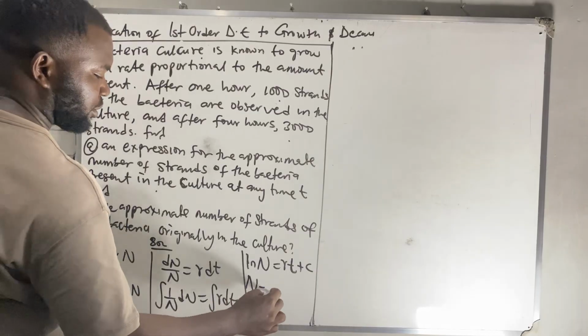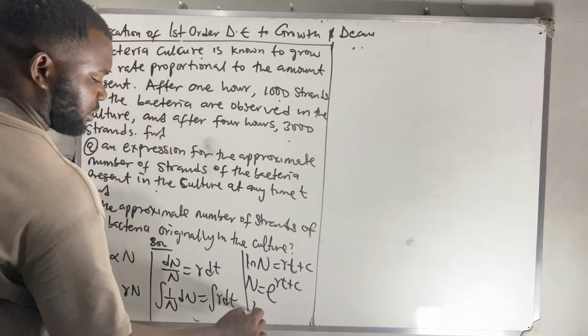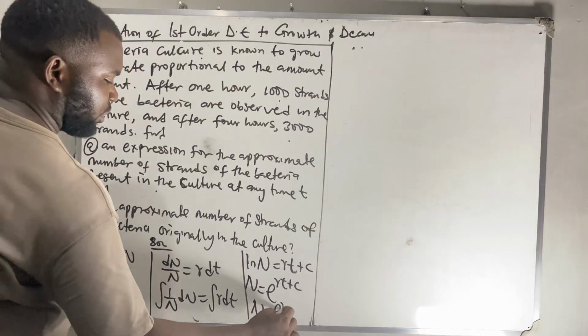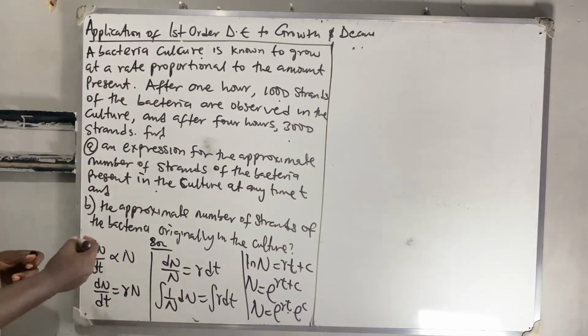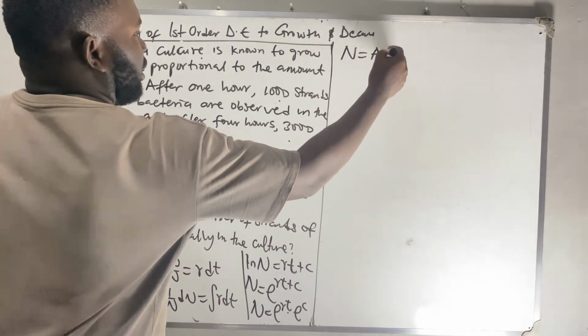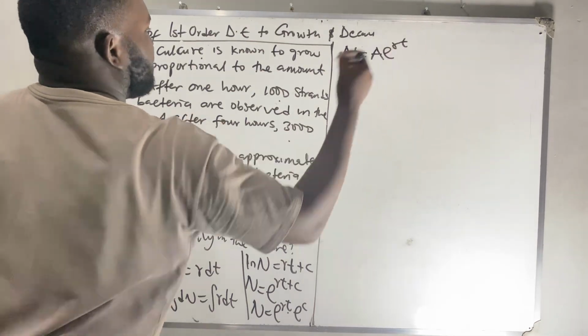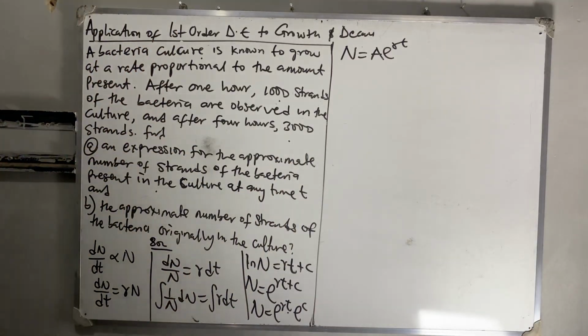So N becomes e to the power rt plus c, which is e to the rt multiplied by e to the c. And the exponential of a constant is a constant. So N is equal to A e to the rt, where A is e raised to the power c. That is my A there.